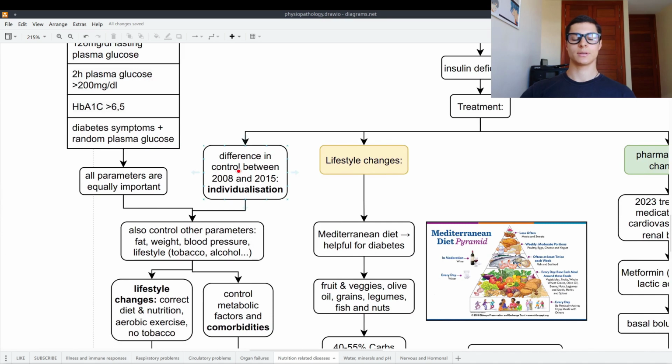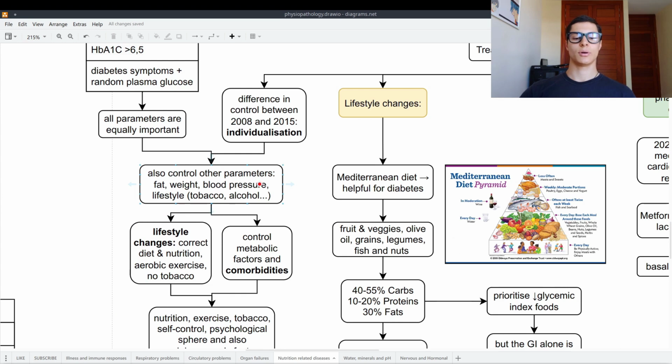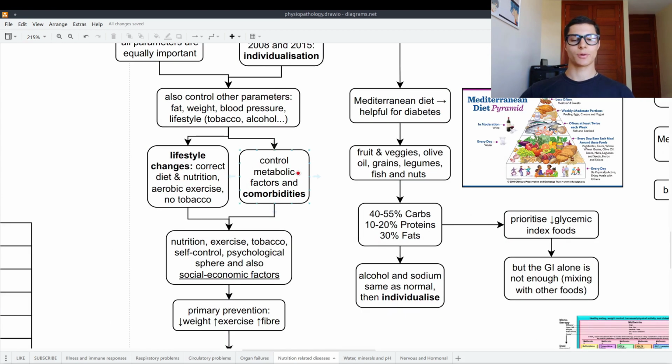there is a difference in control between the 2008 and 2015 guidelines, because we started to introduce individualization, which is very important. We also have to control all the parameters such as the fat, the weight, the blood pressure, the lifestyle, the consumption of tobacco and alcohol. Indeed, we have to recommend lifestyle changes, so a better lifestyle, and control metabolic factors, as well as comorbidities, very, very important.